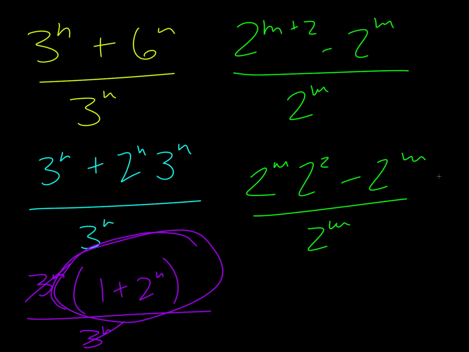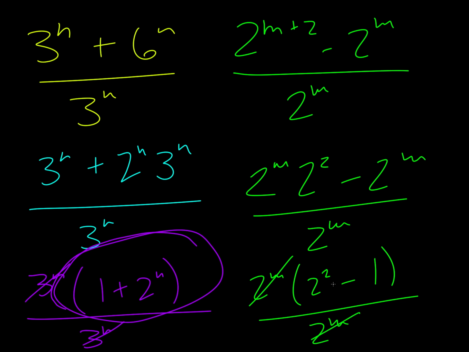We factor out 2 to the m on top. So that's 2 squared minus 1 all over 2 to the m. Those cancel out. Then we just need to continue to simplify. 2 squared is 4, and so we just have 4 minus 1. And so the final answer on that one is 3.